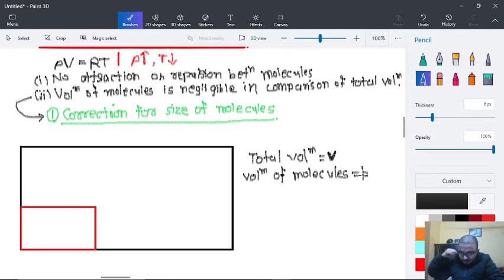So this entire thing is occupied by molecules.